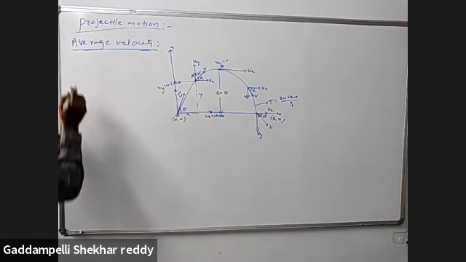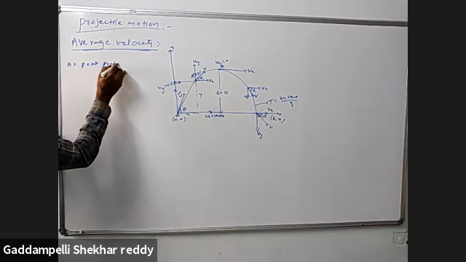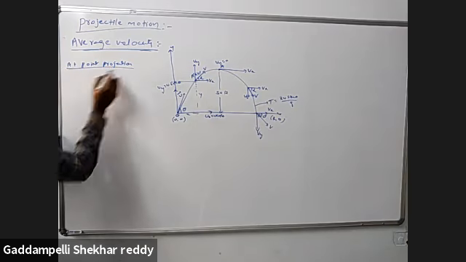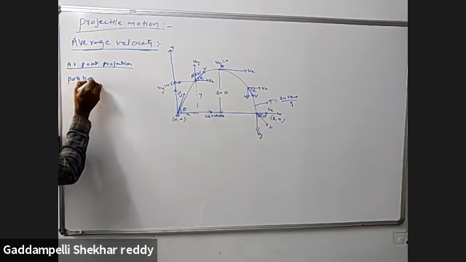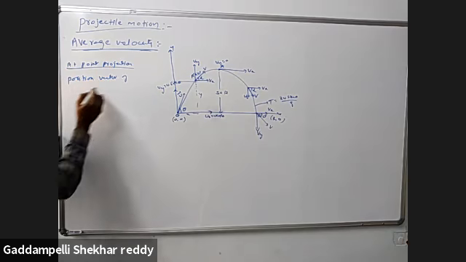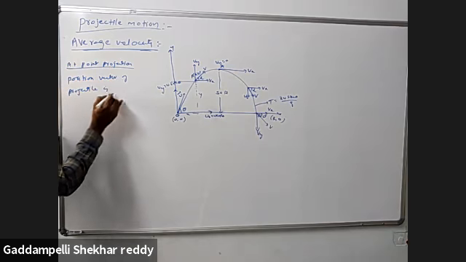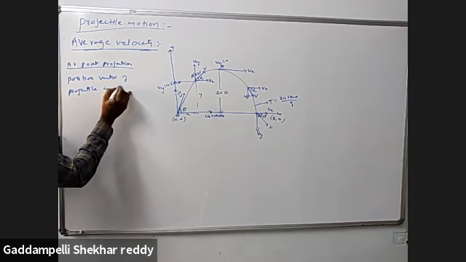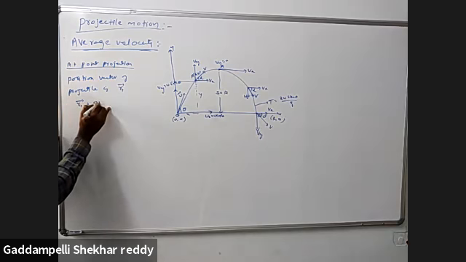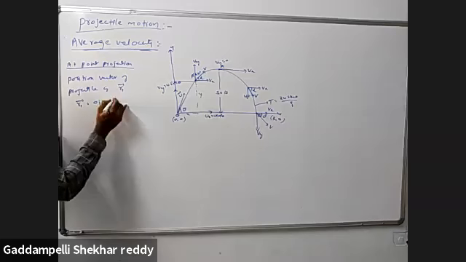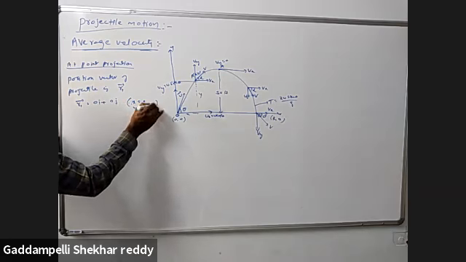So at the point of projection, the position vector of the projectile is R1 bar, which is 0i plus 0j, since x is equal to 0 and y is equal to 0.